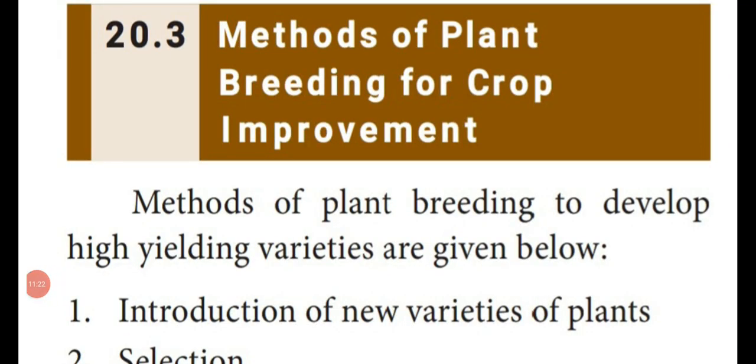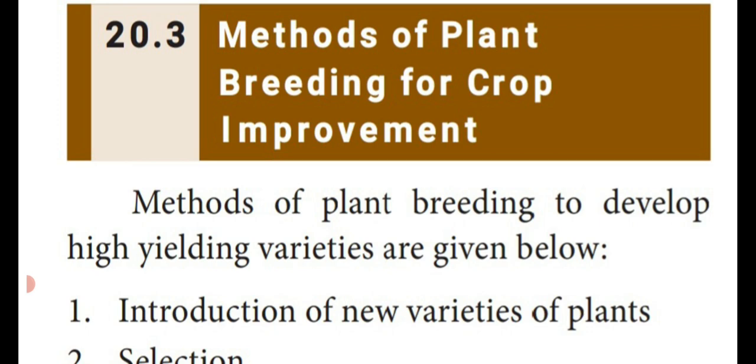Dear students, next we are going to see methods of plant breeding for crop improvement. In the previous paragraph we have seen that biofortification is one of the scientific processes to increase the nutritional value of food material with vitamins, protein and minerals, isn't it?